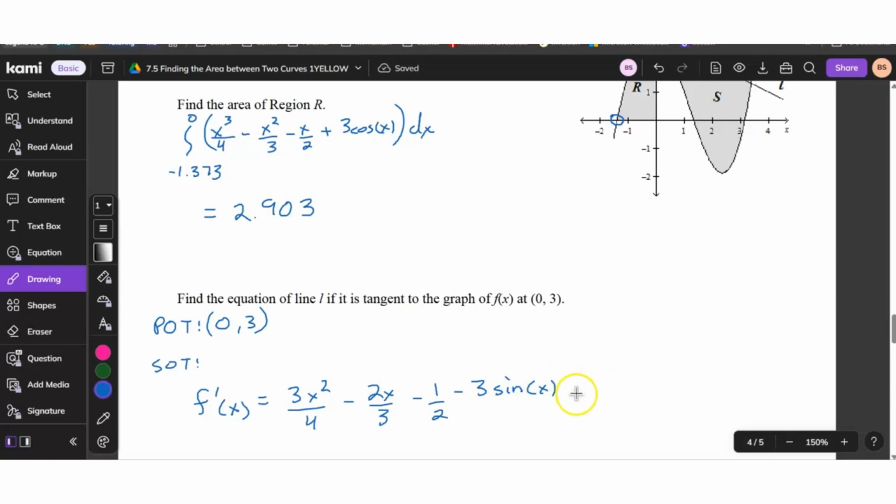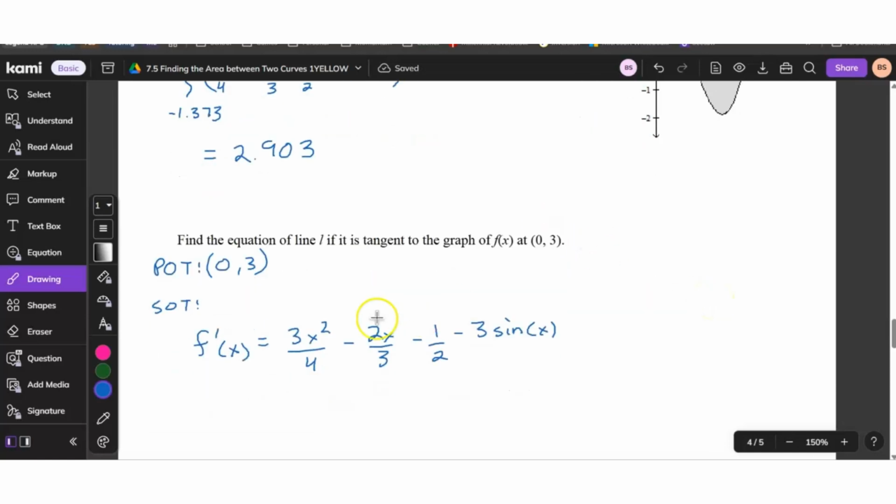And then I'm going to plug in f prime of 0, which is 0 minus 0 minus 1/2. Sine of 0 is 0. So it's just negative 1/2. Now I can write out my line. Y minus 3 equals the slope. Technically x minus 0, but I don't need to write the x minus 0 part.